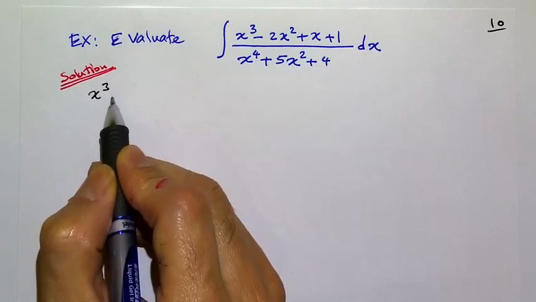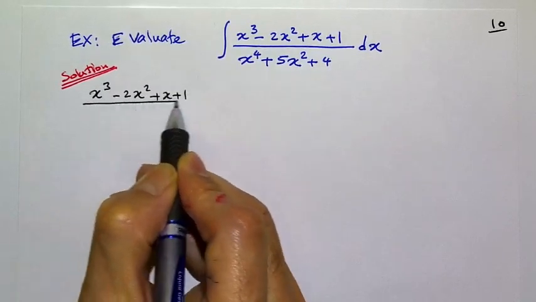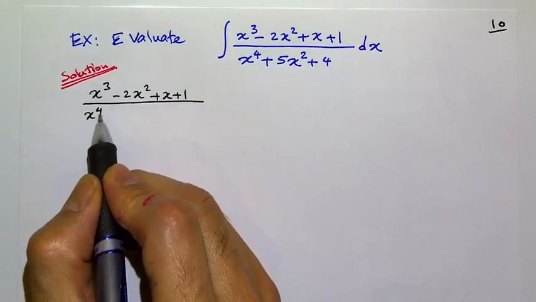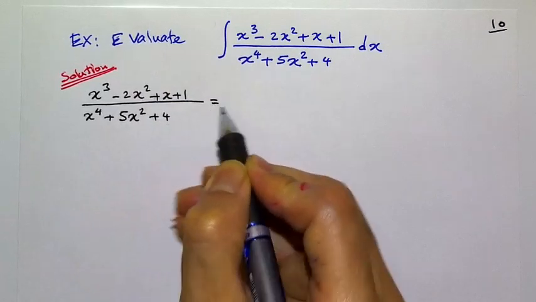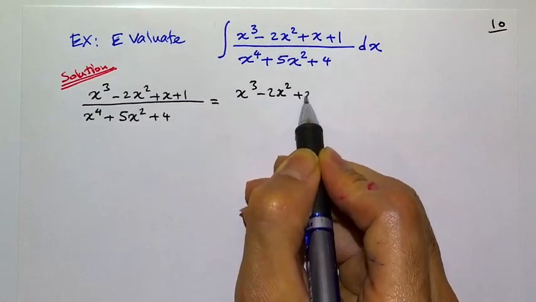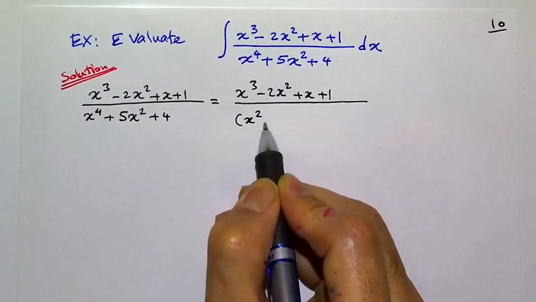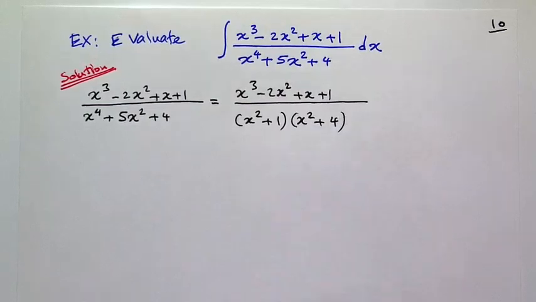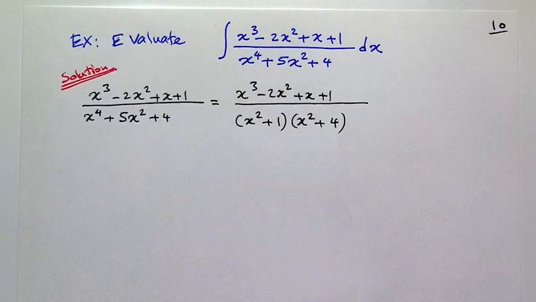So we have (x cubed minus 2x squared plus x plus 1) divided by (x to the 4 plus 5x squared plus 4), which can be written as this, right? So (x squared plus 1) times (x squared plus 4) will give us that.